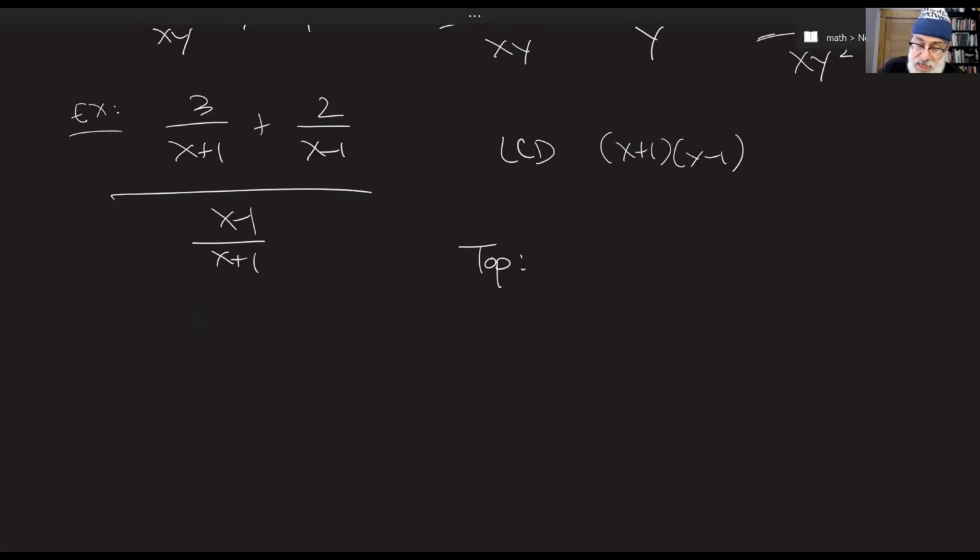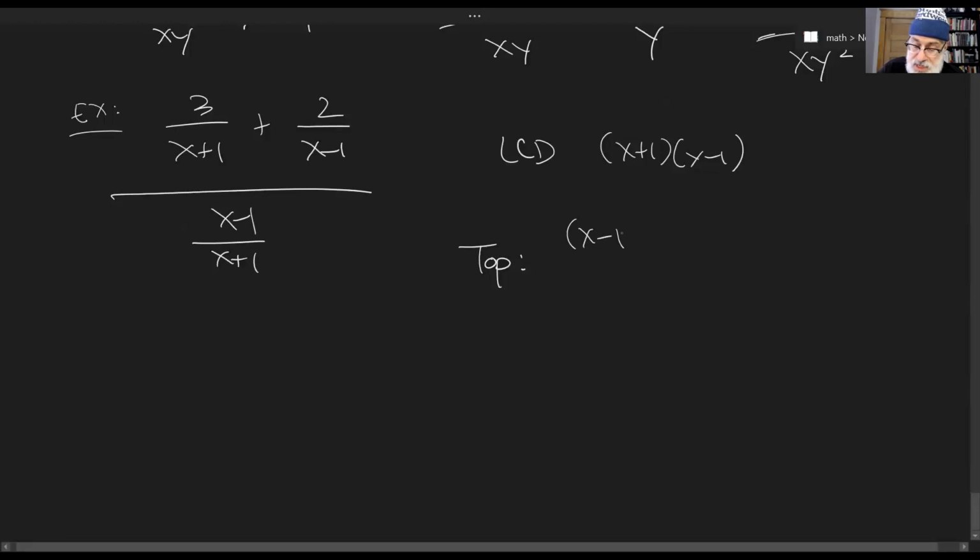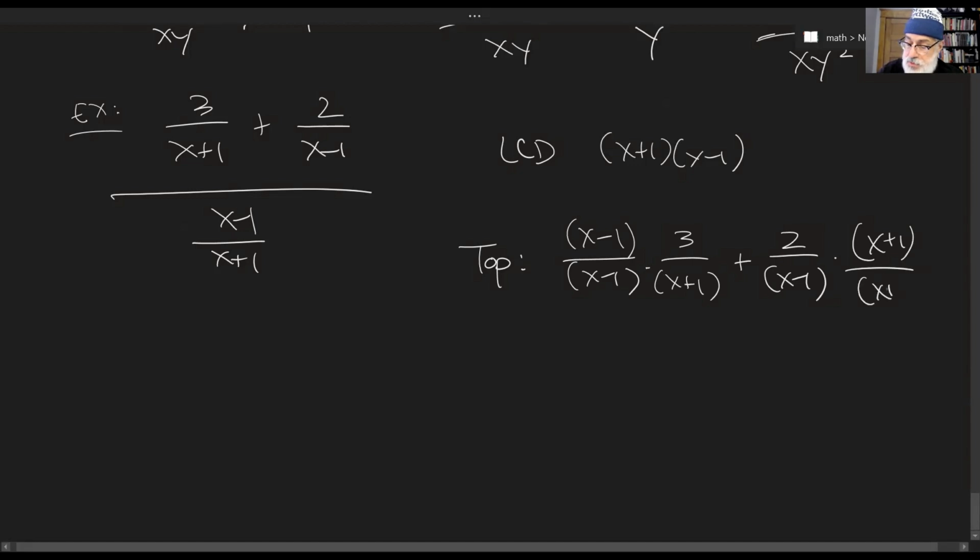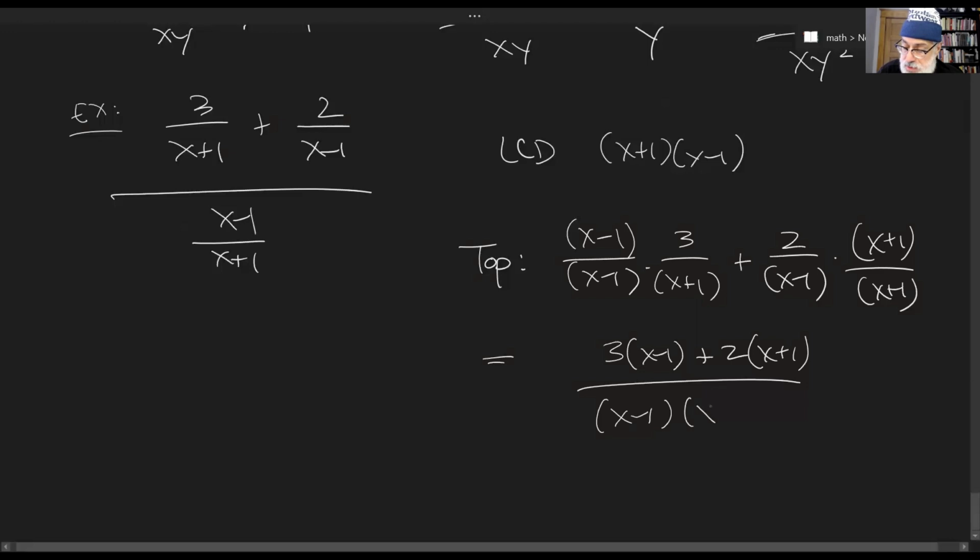To get the common denominator here, I need to multiply the left fraction by x minus 1, so 3 times x minus 1 over x plus 1 times x minus 1, plus 2 over x minus 1. On the right-hand side, I need to multiply the top and bottom by x plus 1. So this becomes 3 times x minus 1 plus 2 times x plus 1, divided by x minus 1 times x plus 1.